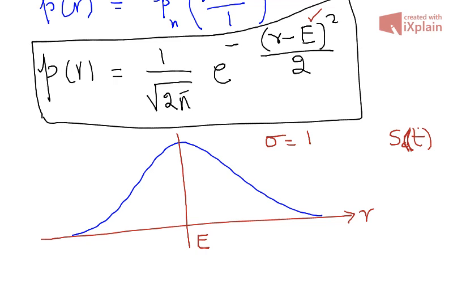Let me write it specifically: this is the PDF of R, given that S of t is transmitted. So this is the conditional PDF of R.